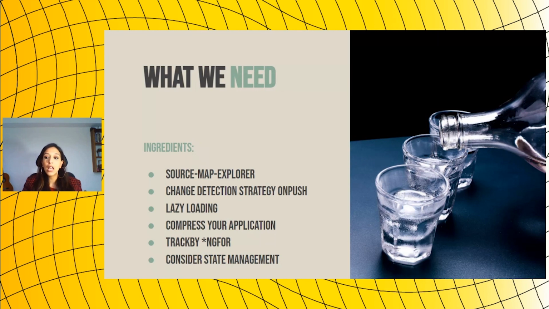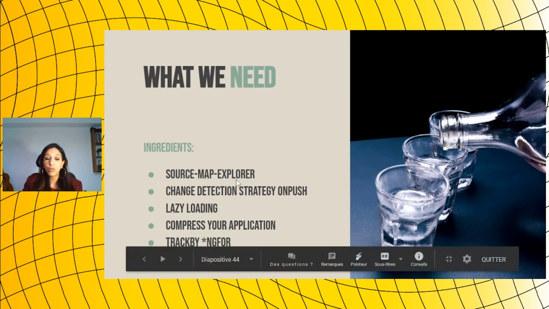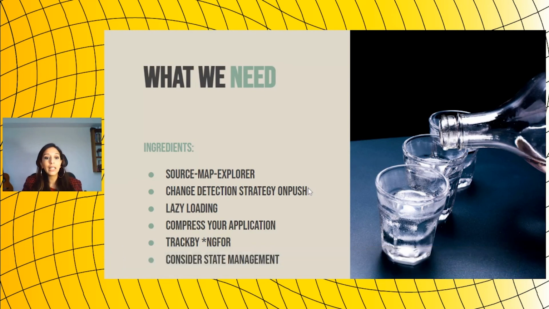You can see your bundle size and the different modules used in your application, and you can see if there are some sizes that exceeded the limit. So just check out Source Map Explorer in order to measure your bundle size.